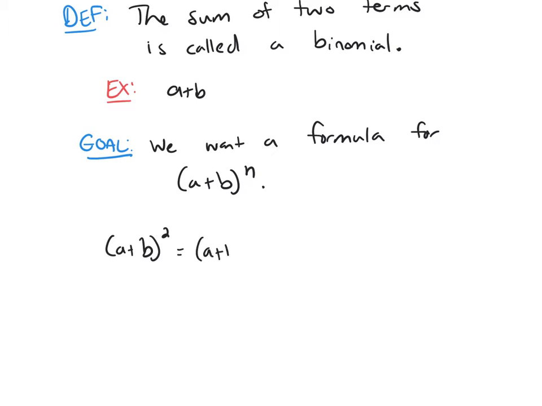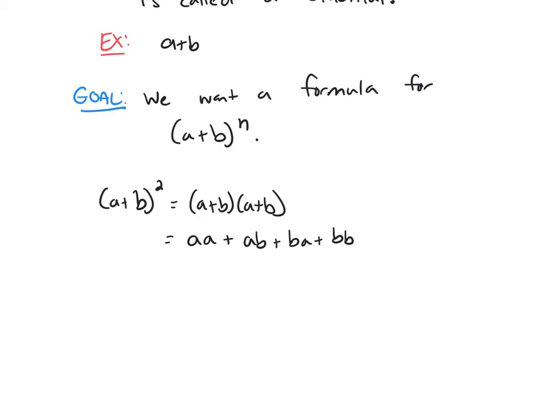This is a plus b times a plus b. So here you would FOIL: AA, AB, BA, and BB. So you would get a squared if you simplified these. These two terms would be the same because multiplication here is commutative. So you get 2ab plus b squared.